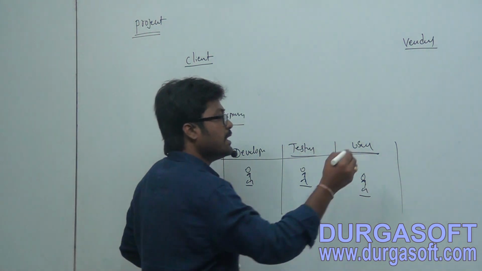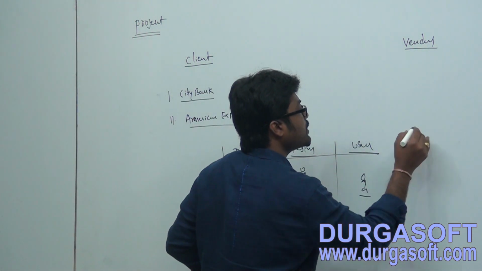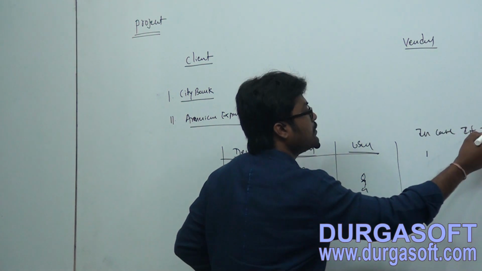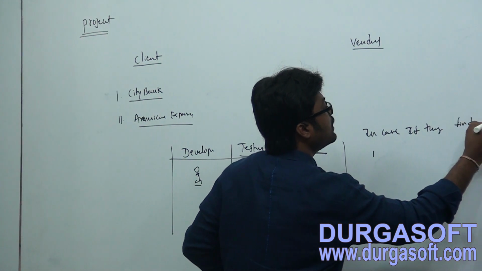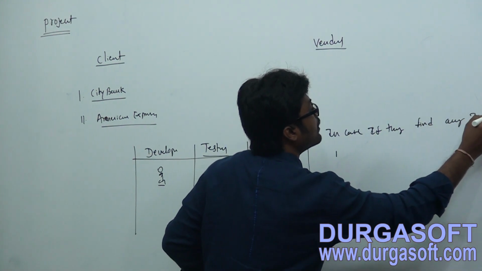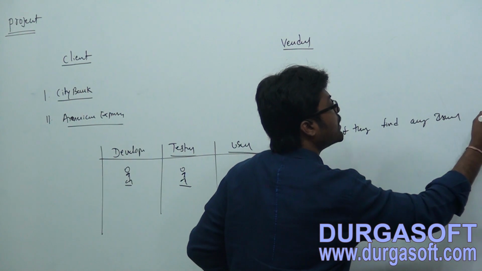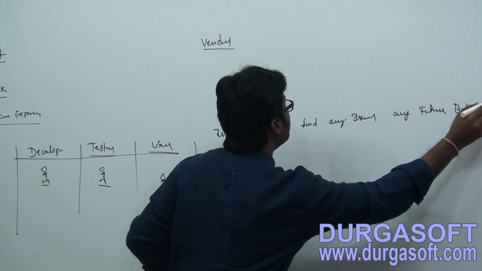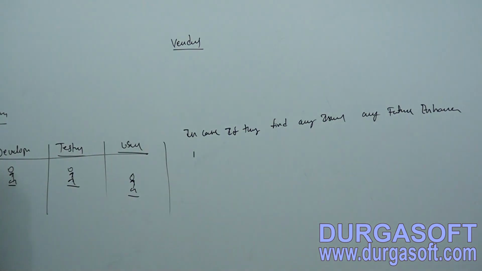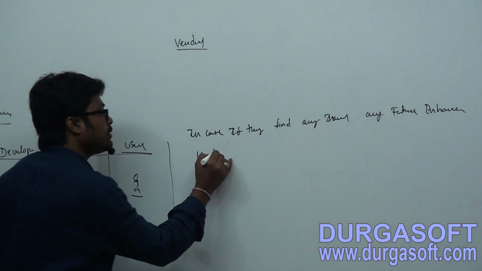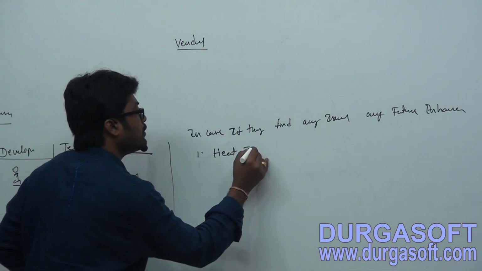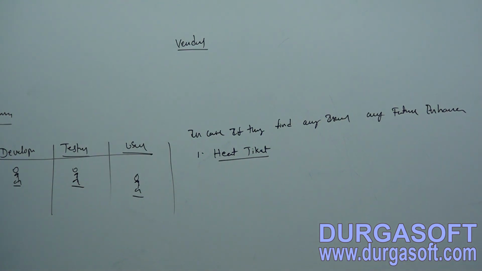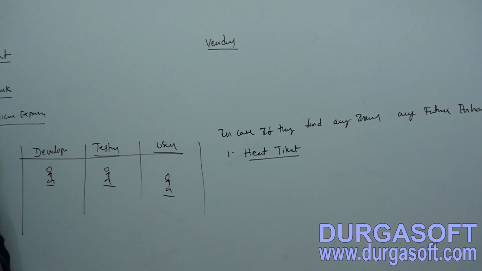They will raise the first heat ticket. If they find any problems or issues, or any future enhancement requirement for the application, they will raise one heat ticket to their team leads, or to their managers, or their director.